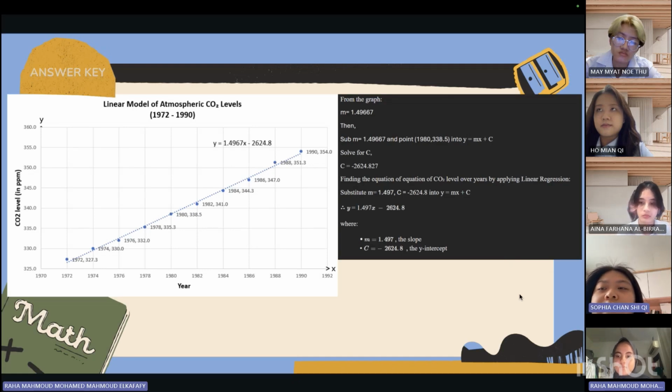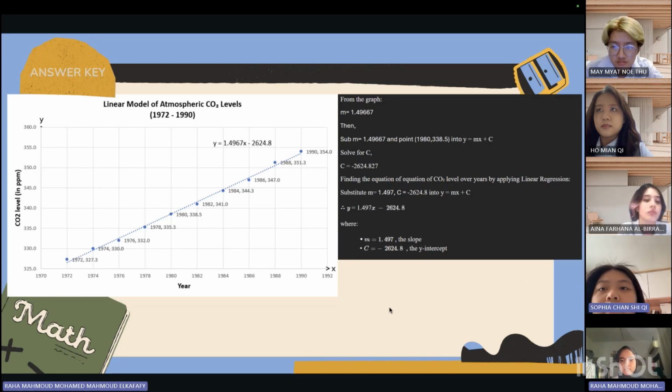So from the previous slide, we know that the graph that we are plotting, which is the linear model of atmospheric CO2 levels from 1972 to 1990, the y-axis represents the CO2 level in ppm, and the x-axis represents the year.